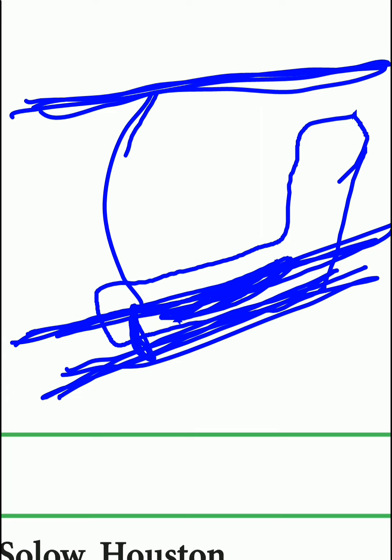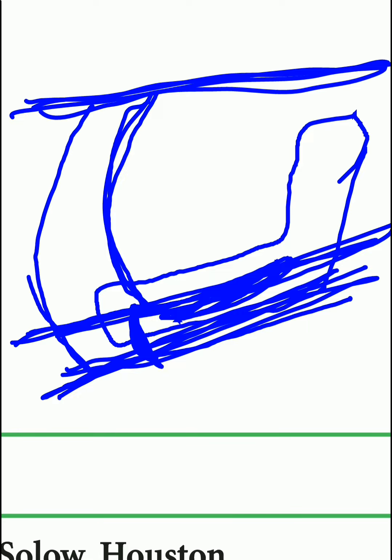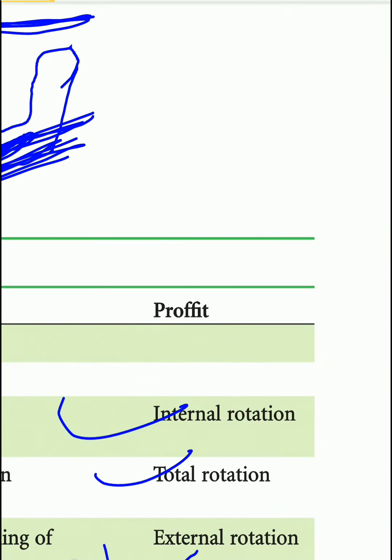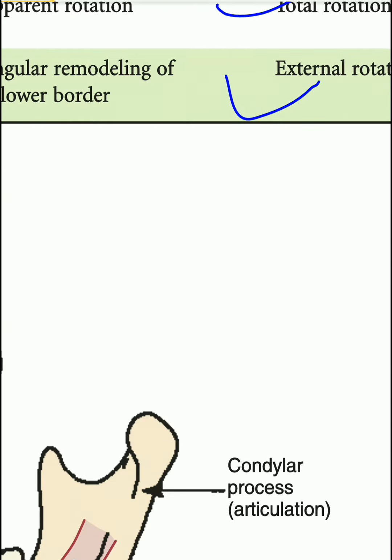So this is your internal rotation, this is your external rotation, and the rotation of the mandibular plane in relation to the cranial base he called total rotation. So you have internal rotation, total rotation and external rotation.